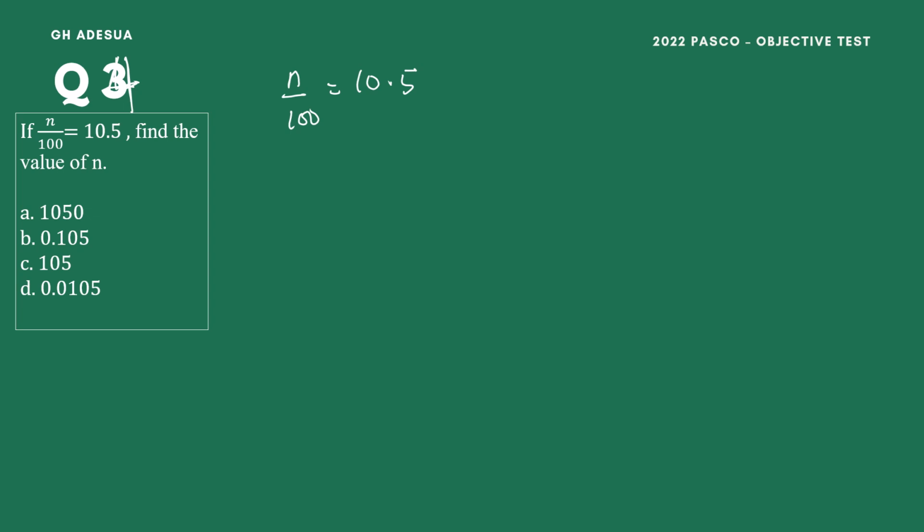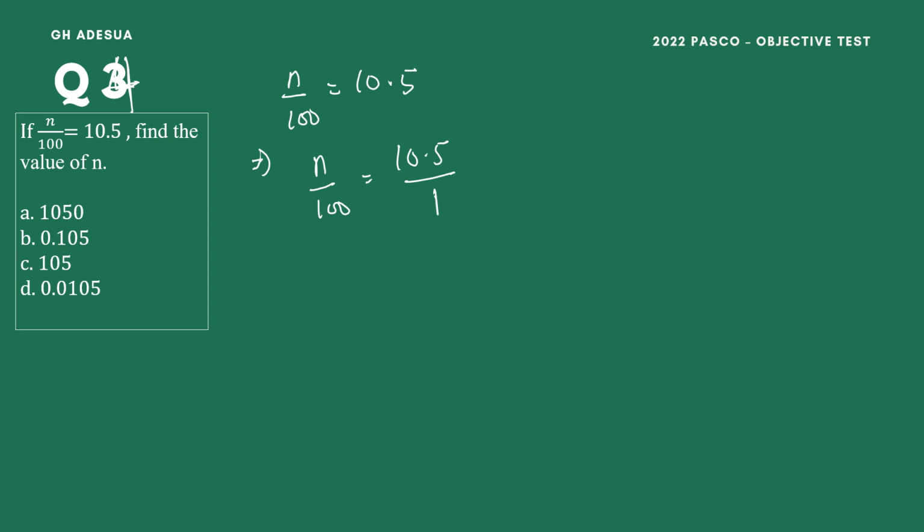So this is a change of subject question. So when we look through, we know that n over 100 and then 10.5 is also over 1. We do our cross multiplication.